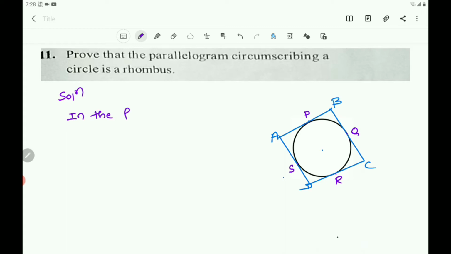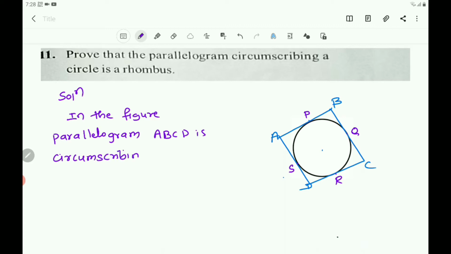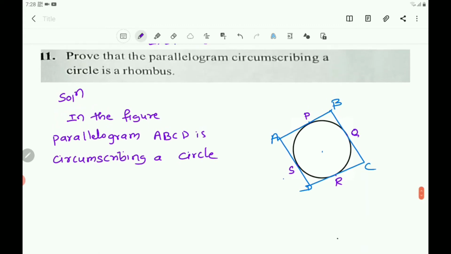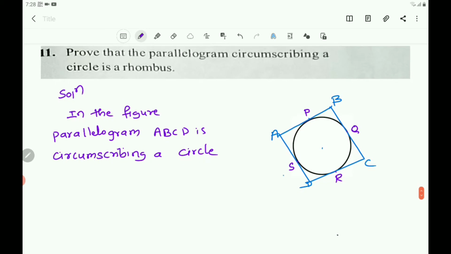In the figure, parallelogram ABCD is circumscribing a circle, and you take a circle with center O.